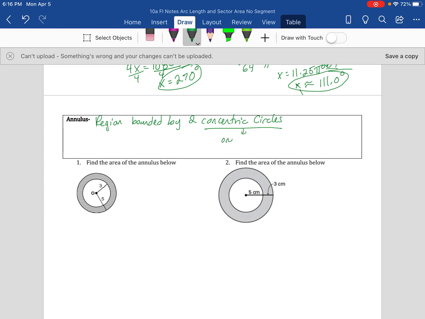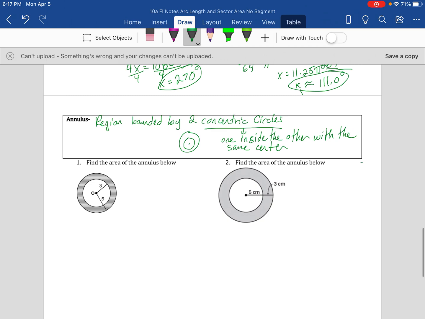And concentric circles are circles one inside the other, with the same center. Okay, so this would be concentric circles. They have to have the same center.